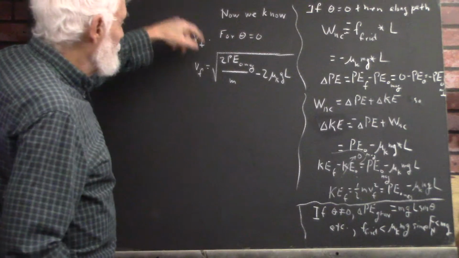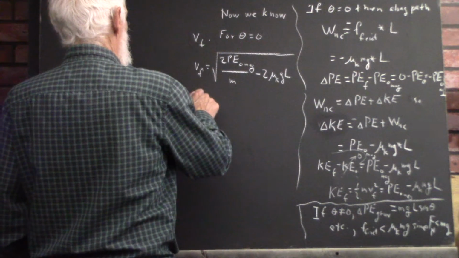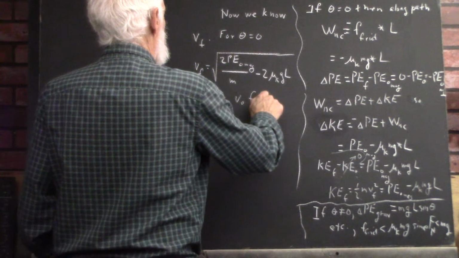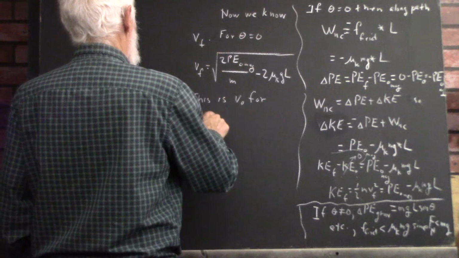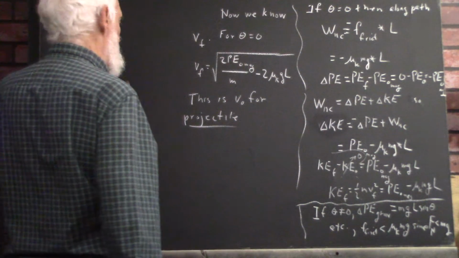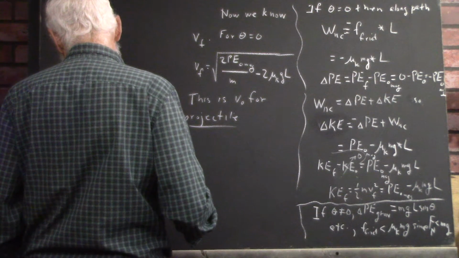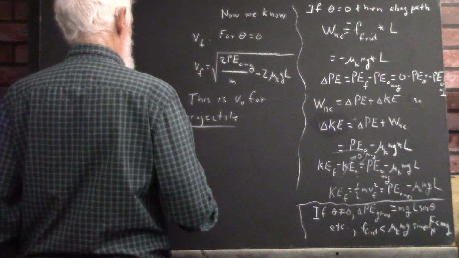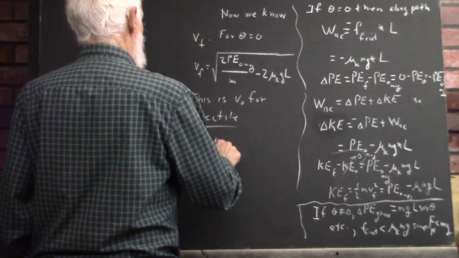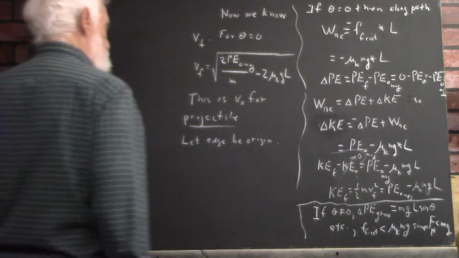Okay, so we have this. Well, that's V0 for the projectile. So let the edge be the origin.